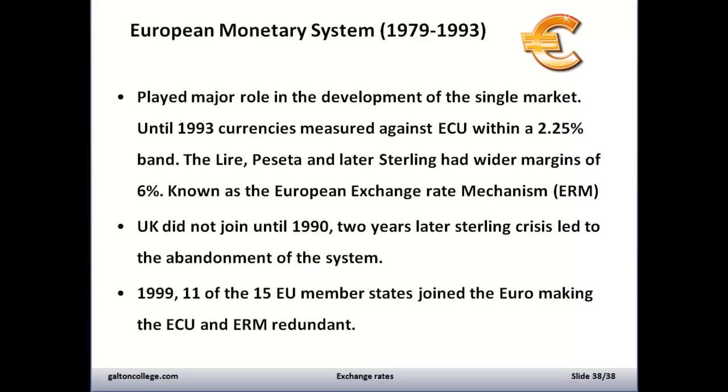In 1999, 11 of the then 15 European Union members joined the euro, and a new currency was born. And this currency has become stronger and stronger, and as more countries have joined the European Union, the currency has become bigger and bigger, and now it's one of the big global currencies, a big counterpoint to the American dollar.